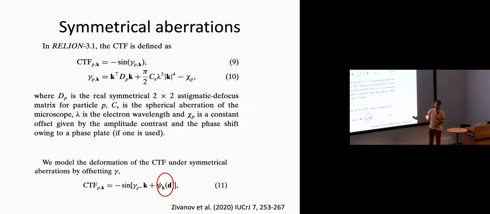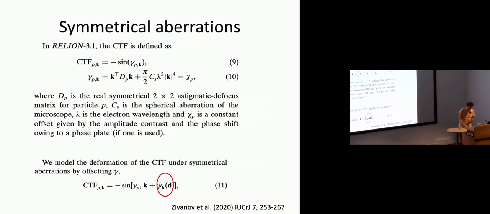You might have used a phase plate, as Richard spoke about. Then you'd also have a component chi that is the phase shift from the phase plate. In RELION, we add another term similar to that phase shift term from the phase plate, which is called psi here. And this is used to model symmetrical aberrations.